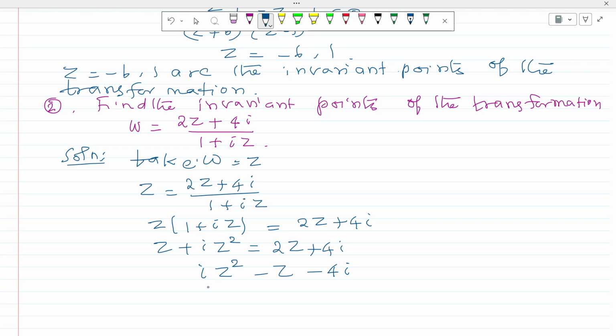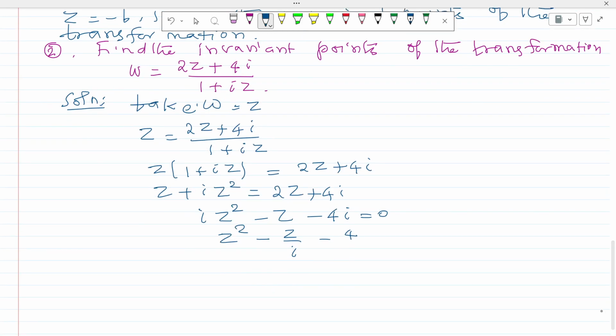If you divide everything by i, we get z square minus z by i minus 4i by i, so the i cancels and 4 remains, equal to 0. 1 by i can be written as minus i, so z square plus iz minus 4 equal to 0.